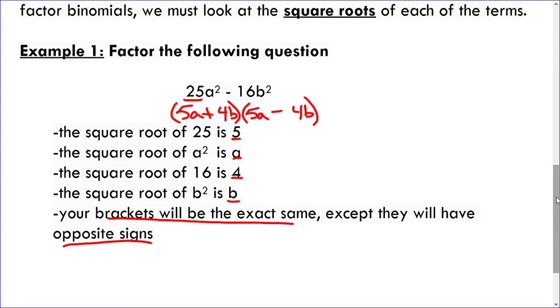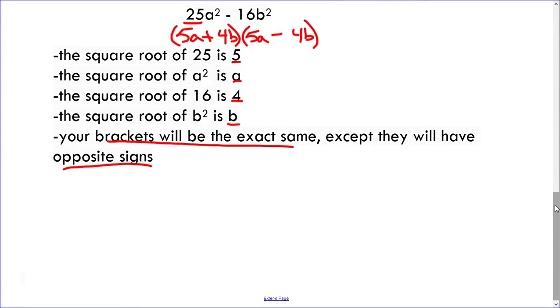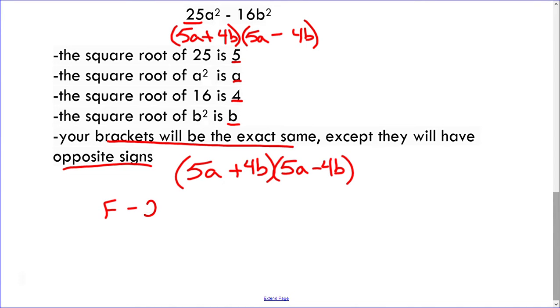If I follow this idea with these factoring questions, I should be able to FOIL this back out and get where I started. So 5a plus 4b and 5a minus 4b should give me back 25a squared minus 16b squared. If I FOIL this out, my first term is 25a squared.